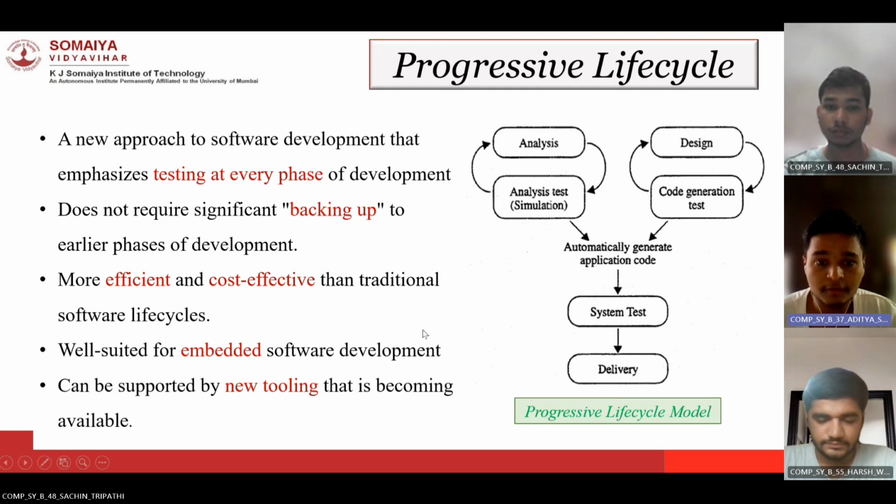So when we refer to the following diagram of the progressive lifecycle model, the analysis and design steps are separated from each other, which were combined in the traditional model, that is the waterfall model. So in this, the analysis and design is separated. The analysis model fully describes the application's behavior, including the timings.